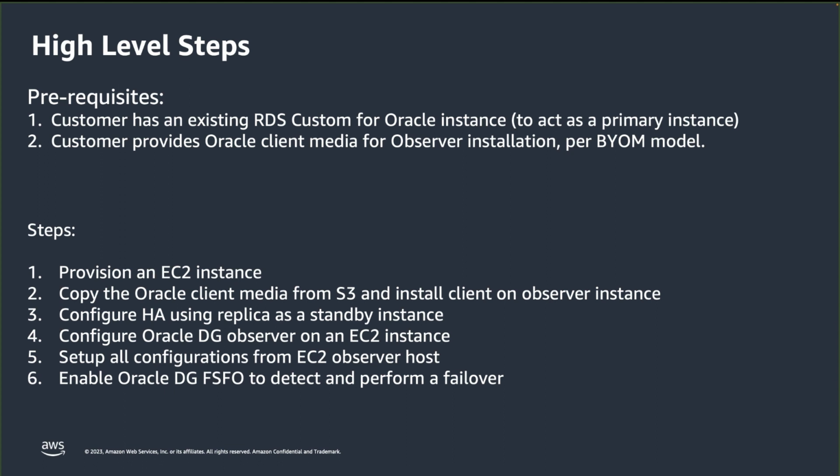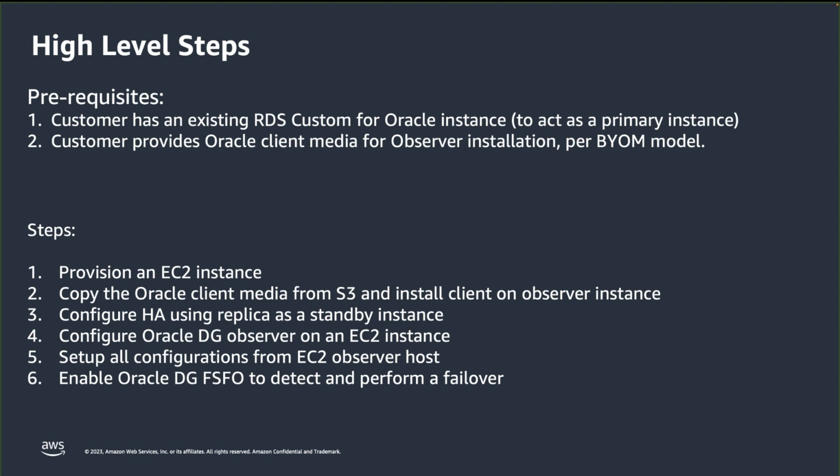Now in this solution, we provide a CloudFormation template that takes a minimum input parameter from the user and performs a high-level task. Number 1, it provisions an EC2 instance that acts as the data guard observer instance. Second, it will copy the Oracle client media provided by you in an S3 bucket into the observer instance. It will install the Oracle client on the observer instance.